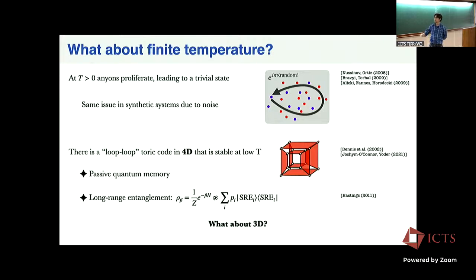Well, I think if you have a memory, then you can resolve this rho beta into different sectors, and you can ask for each sector, is it long-range entangled? I guess that's not something we checked explicitly, but I believe that generally.